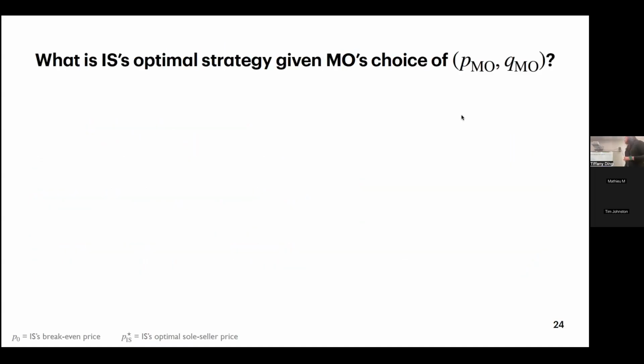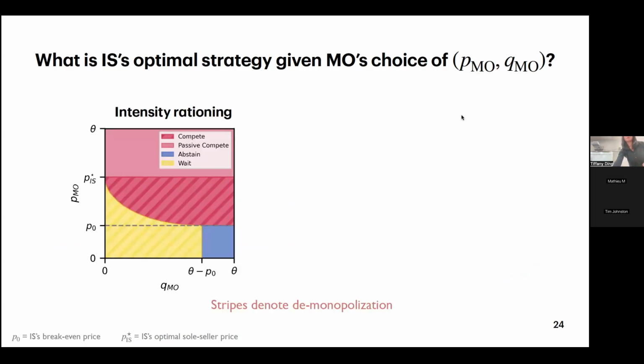Okay. So now we want to know, given the marketplace operator's actions, how should the independent seller best respond? So for intensity rationing, this is a visualization of their optimal strategy as a function of the marketplace operator's price and quantity.